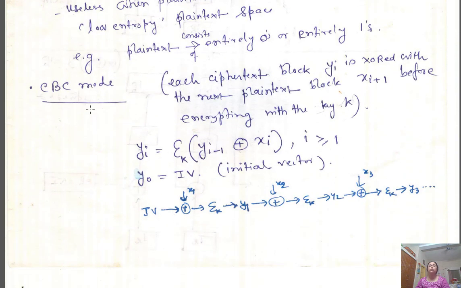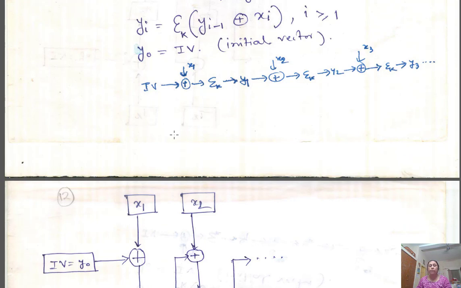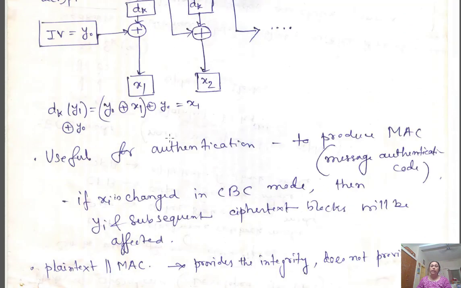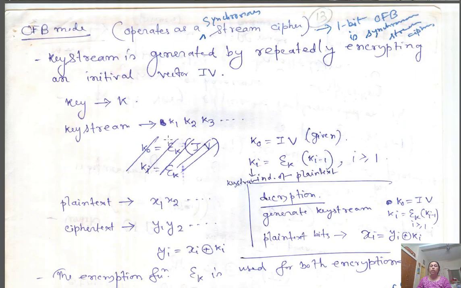So ECB and CBC modes use both encryption and decryption algorithms of the underlying block cipher. But here in OFB mode, for both encryption and decryption, we use only EK, the encryption algorithm.